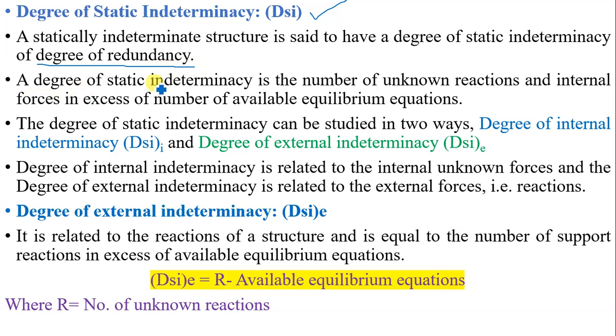The degree of static indeterminacy is the number of unknown reactions and internal forces in excess of available equilibrium equations. It can be studied in two ways: degree of internal indeterminacy and degree of external indeterminacy.